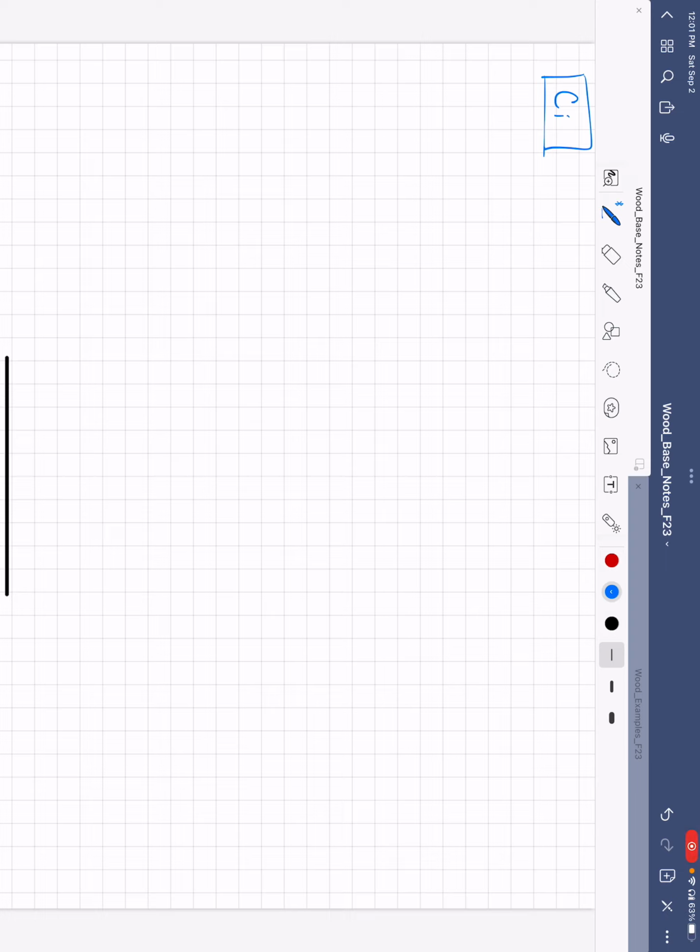It's page 30 if you're looking at the page numbers. Okay, so this is table 1D of the supplement. We look in here, this is section properties of southern pine, structural glued laminated timber.